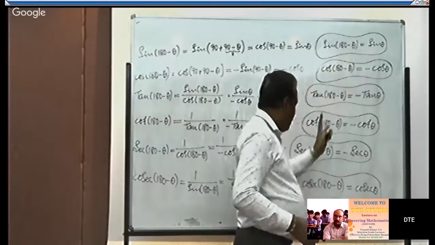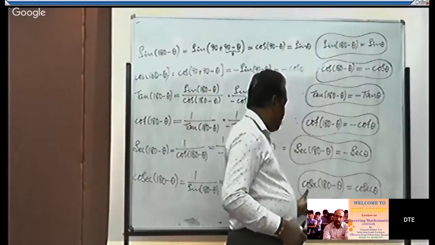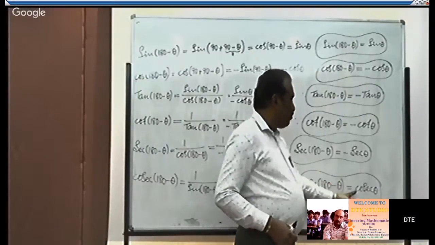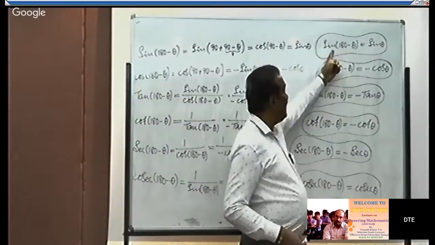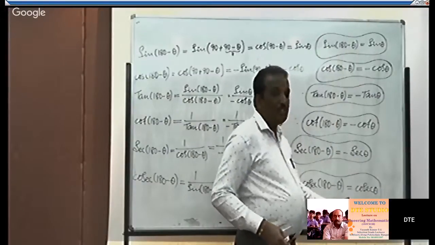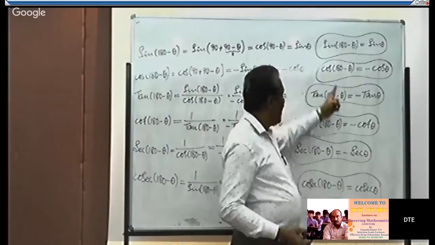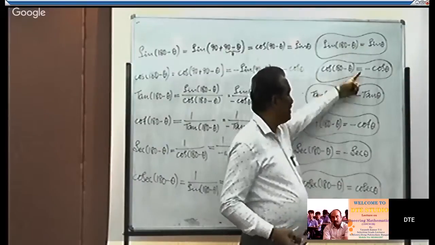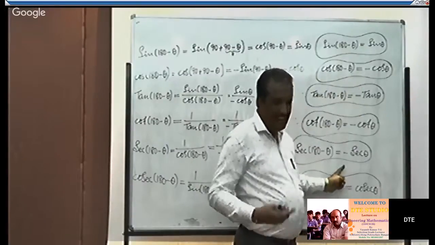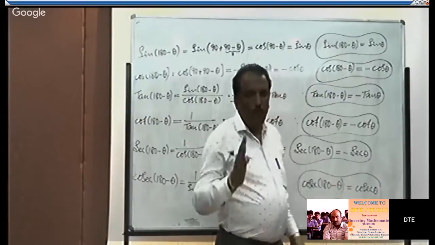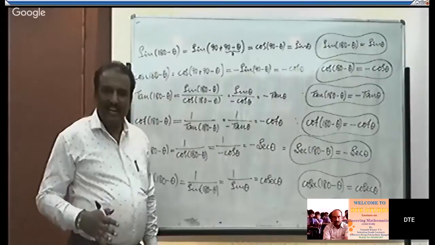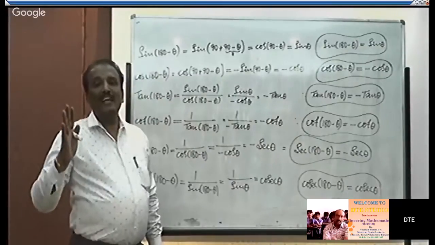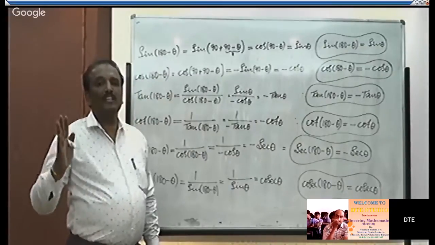When we connect 180 minus theta to cosecant, the result obtained is positive. Only sine and its reciprocal take a positive sign on the right hand side, and the rest of the trigonometric functions are assigned a negative sign, because in the second quadrant only sine and its reciprocal cosecant are positive.